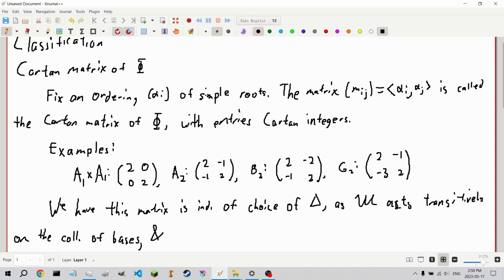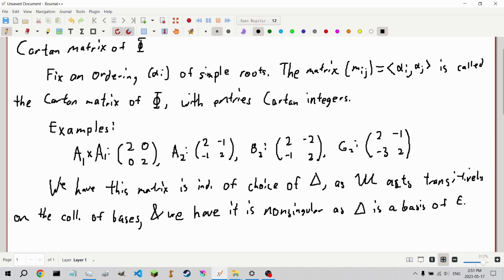And we have that it is non-singular, as our delta is a basis of E. And that turns out to be all we really need.